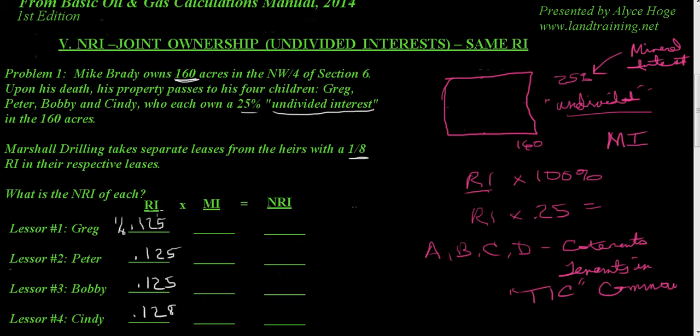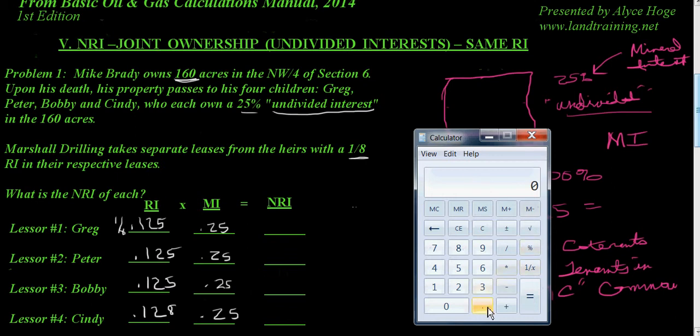Now we're going to multiply their royalty times their mineral interest ownership, their percent of the undivided interest. In each of these, it's 25%. And so we're actually reducing that fraction by doing this. So we take 0.125 times the 0.25, and that equals 0.03125.